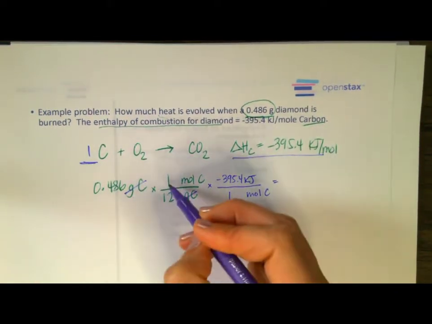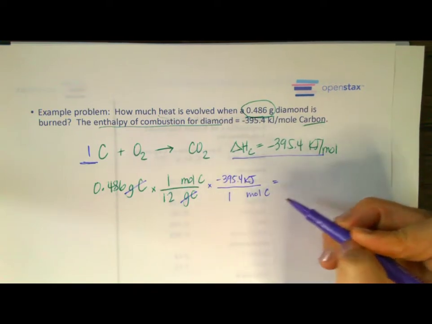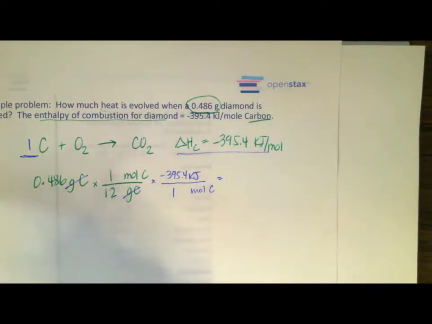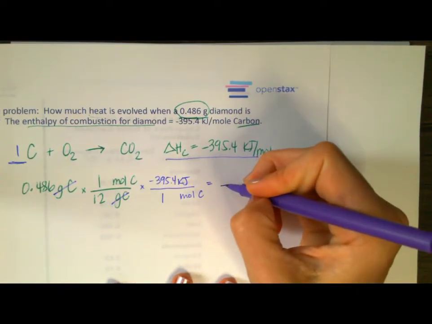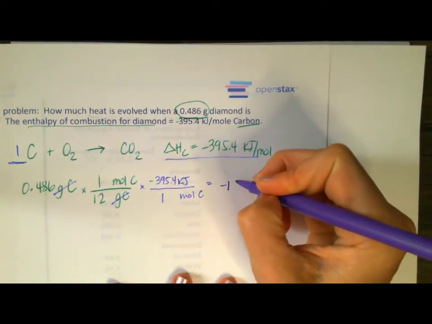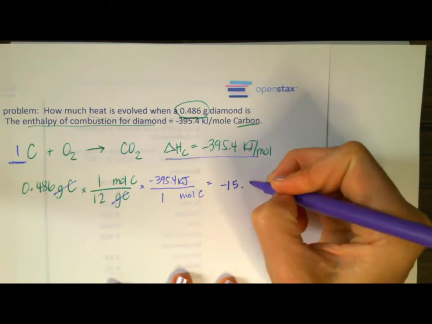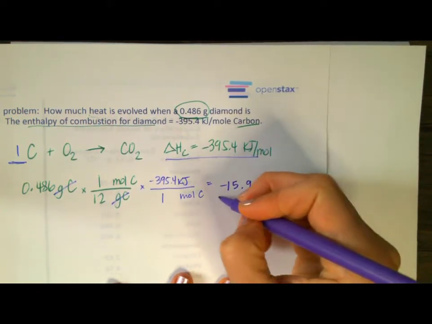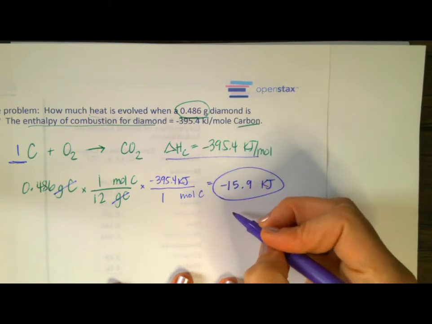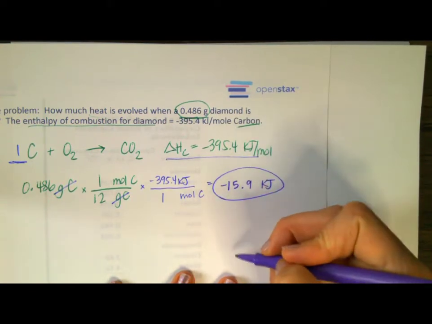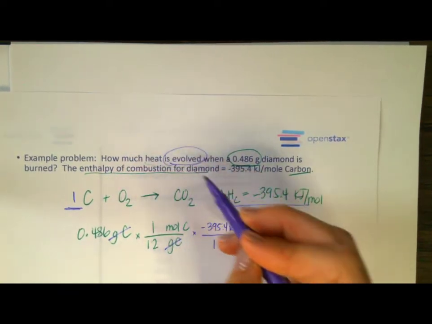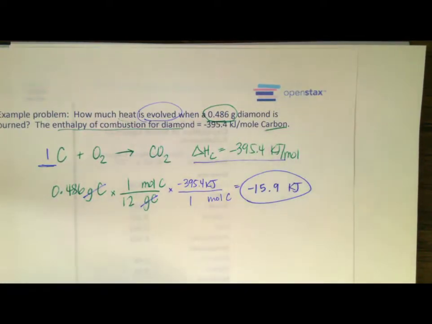So now I just need to multiply across and divide by 12. And my calculator should get me negative 15.9 kilojoules. This also tells me that the negative means it's an exothermic reaction. That means heat is evolved, heat is being emitted. That means exothermic.